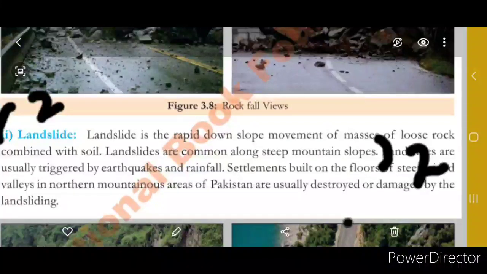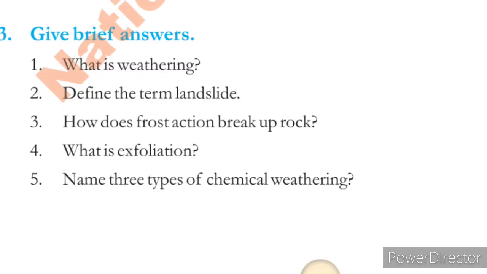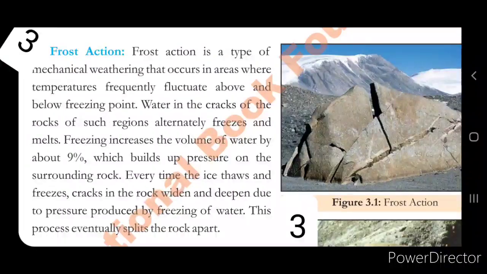Question number 3 is how does frost action break up rock? The answer to this question is in your book, page number 27. Frost action is a type of mechanical weathering that occurs in areas where temperature frequently fluctuates above and below the freezing point. Water in the cracks of the rock in such regions alternately freezes and melts.